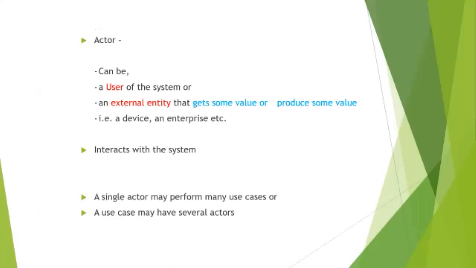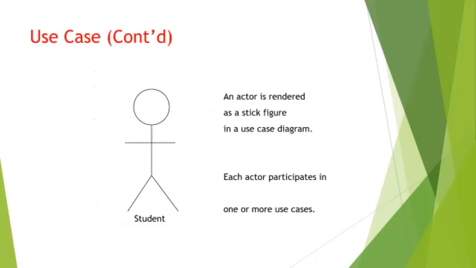In the use case diagram, there is an actor. An actor can be a user of the system or an external entity, that is a device, an enterprise, etc., that gets some value from or produces some value and interacts with the system. A single actor may perform many use cases, or a use case may have several actors.